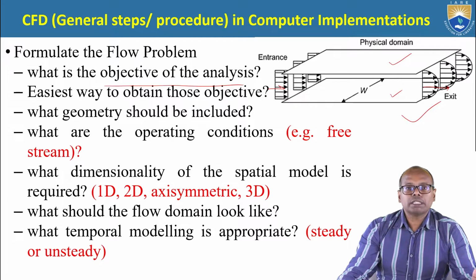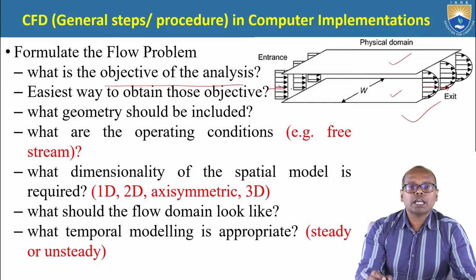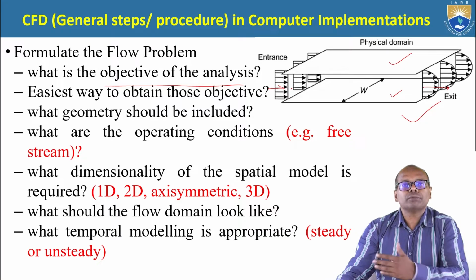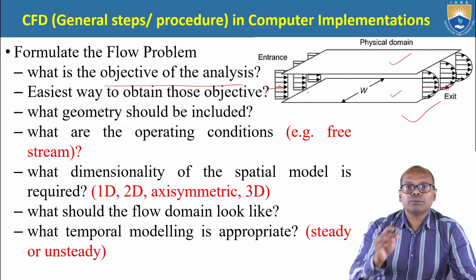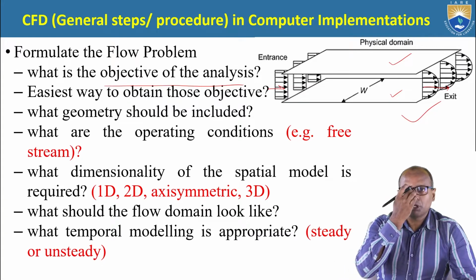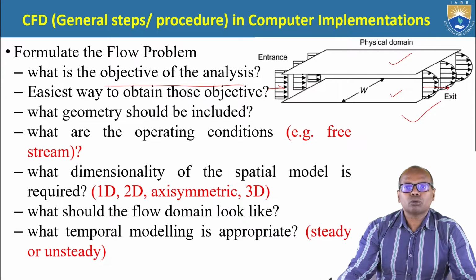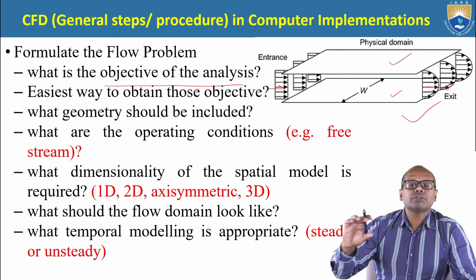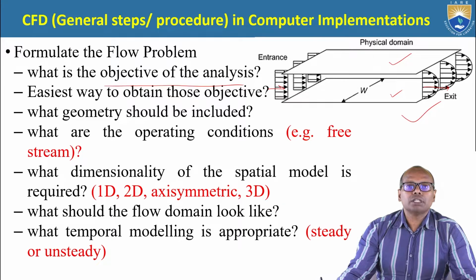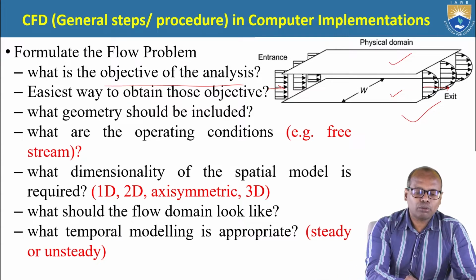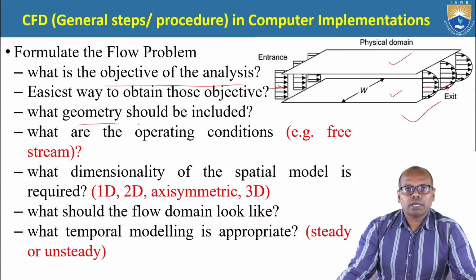What we are interested in is what is happening to the fluid flowing between these two parallel plates. So the geometry to include, the CFD domain, should include the space between the two parallel plates, but the plates do not have to be included in the domain.